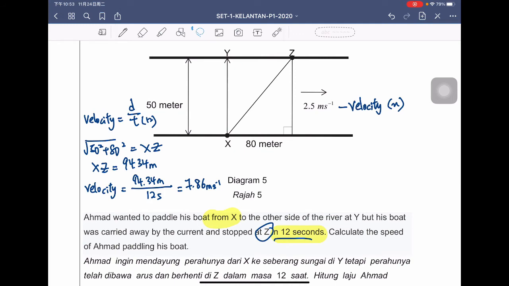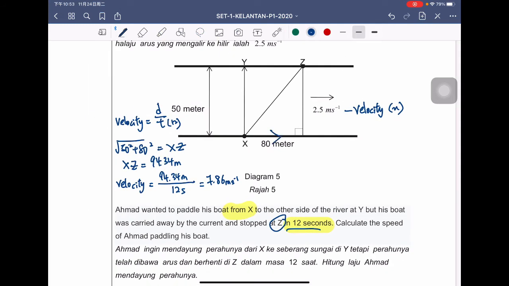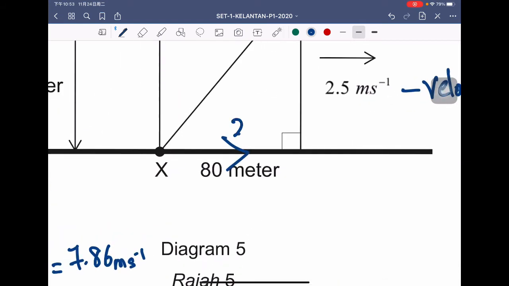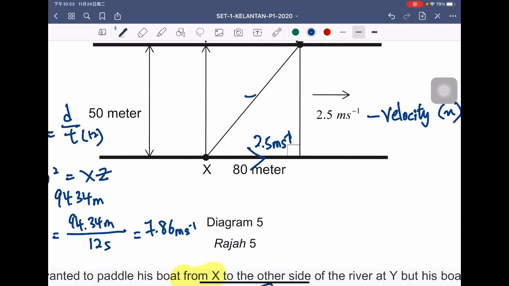Right. So now we got the velocity here is 2.5 meters per second, and for here it is 7.86 meters per second. So now we have to find the velocity in the y-axis. How can we find it? Actually, we make it become a triangle.